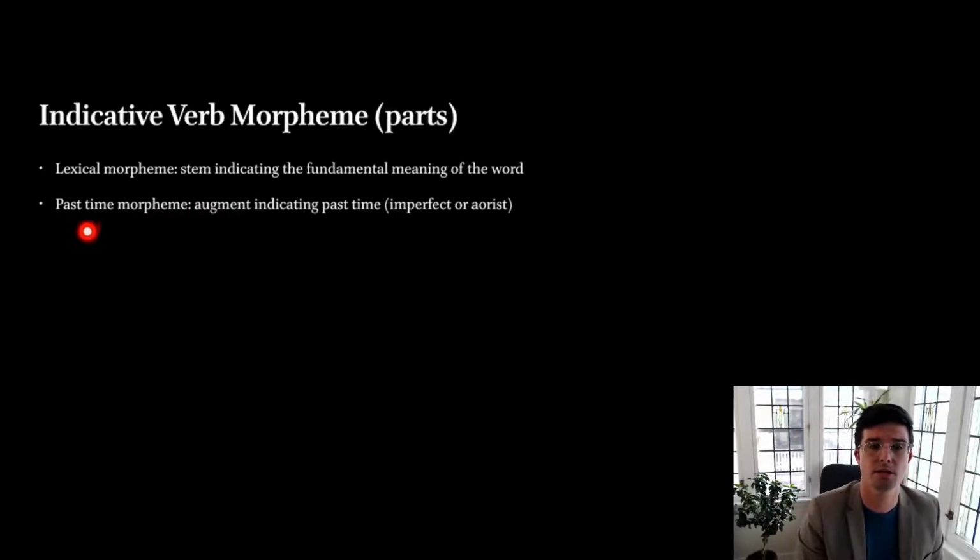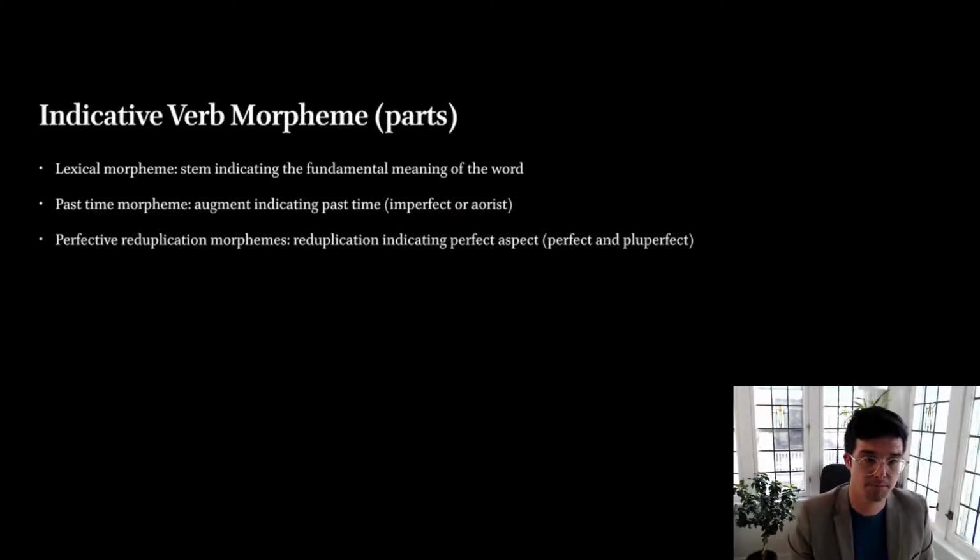But the augment is going to be the past tense morpheme, so that when there is an augment, in whatever form it comes, it's going to indicate a past time, a past tense verb, namely an imperfect verb or an aorist verb. And so the past tense morpheme is going to go at the beginning of a verb, so it's going to come before the stem itself.